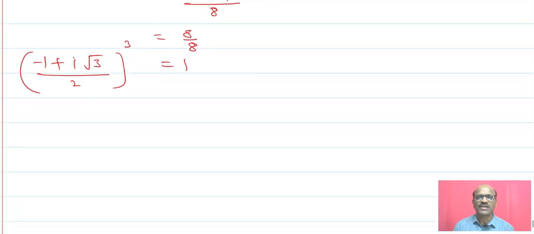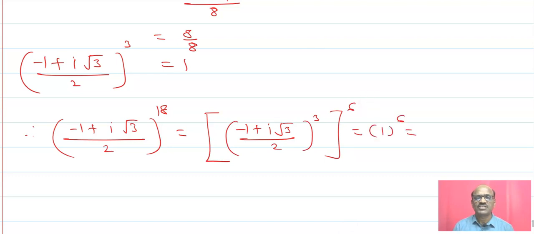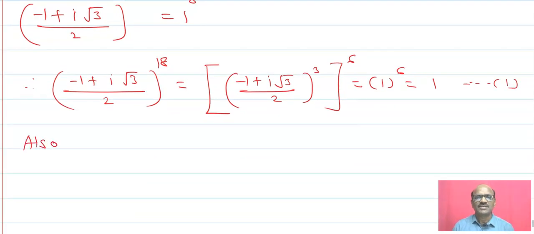Again we will find out the value, that is (minus 1 plus I root 3 upon 2) bracket raised to 18 is equal to (minus 1 plus I root 3 upon 2) cube raised to 6, which is 1 raised to 6, means again 1. It's 1, number 1.